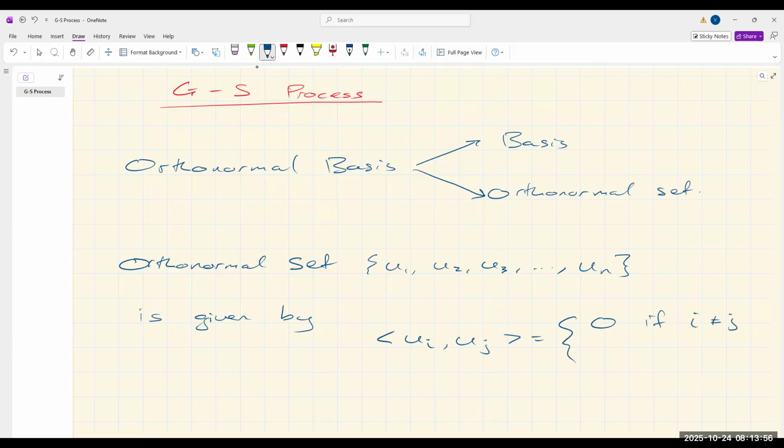In other words, if you take the inner product with any two vectors that are different, you get 0. So they are all perpendicular or orthogonal to each other. If you take the inner product with the same vector, so u1 with u1, u2 with u2, and so on, you'll get 1.